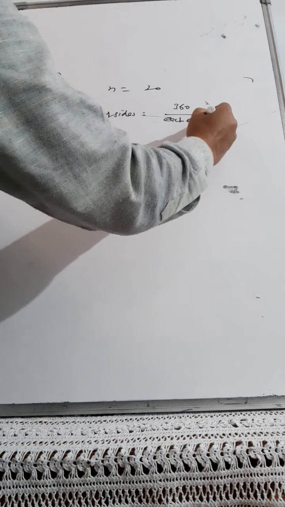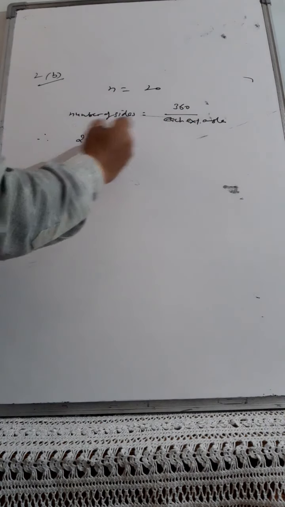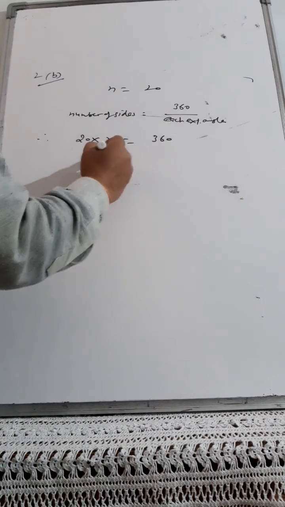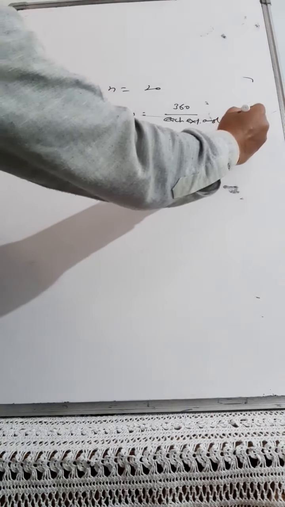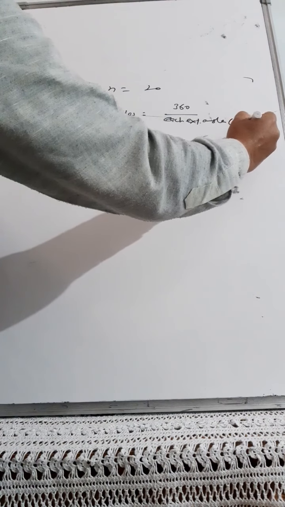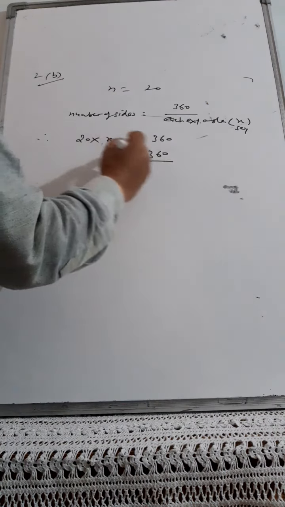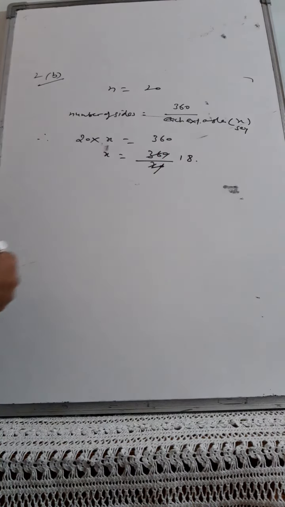So I will put 20 here, let the exterior angle be x, and cross multiply: x is equal to 360 upon 20, so that is equal to 18.